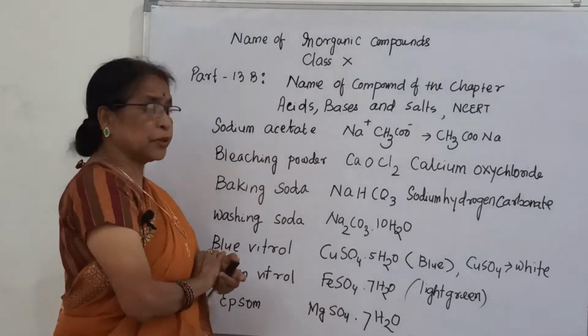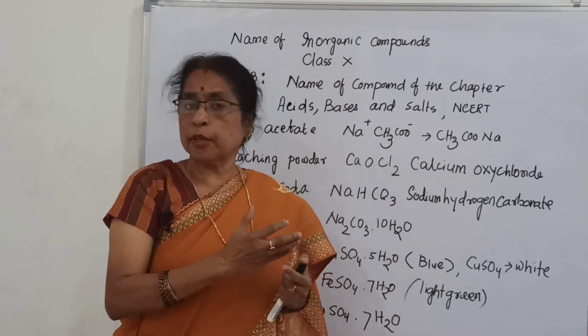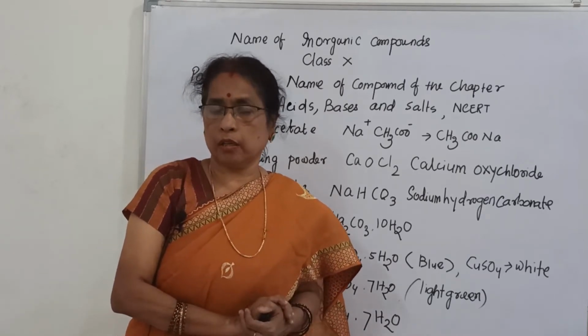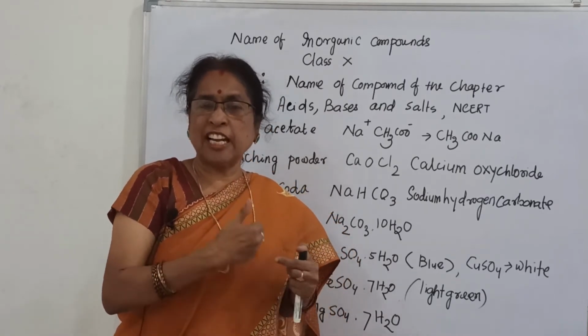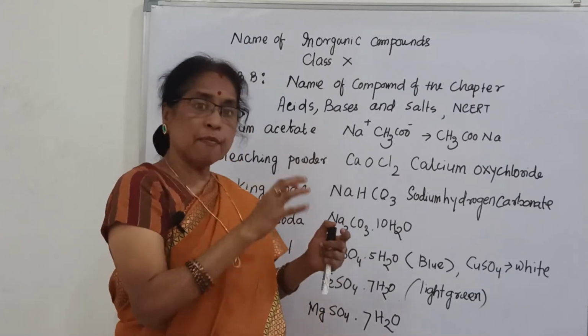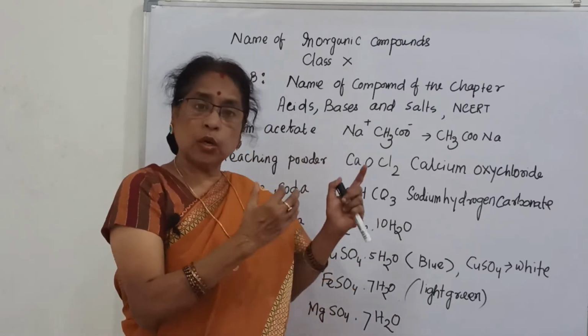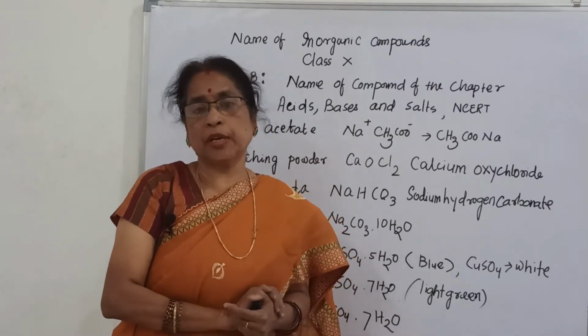Next is blue vitriol. What is meant by blue vitriol? What you see in the lab, copper sulfate, that is blue color. Though we say copper sulfate is blue, actually 5 molecules of water are crystallized with 1 molecule of copper sulfate. Are you clear?